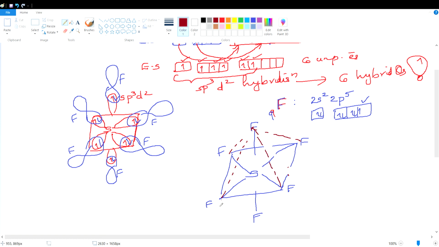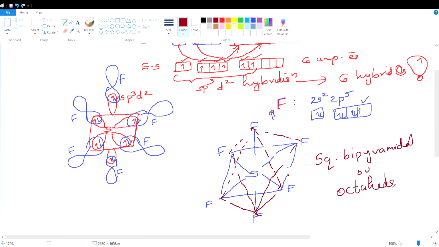So a pyramid above, similarly a pyramid below. The geometry is square bipyramidal or octahedral. And each fluorine-sulfur-fluorine bond angle is 90 degrees. All the bond angles are equal.